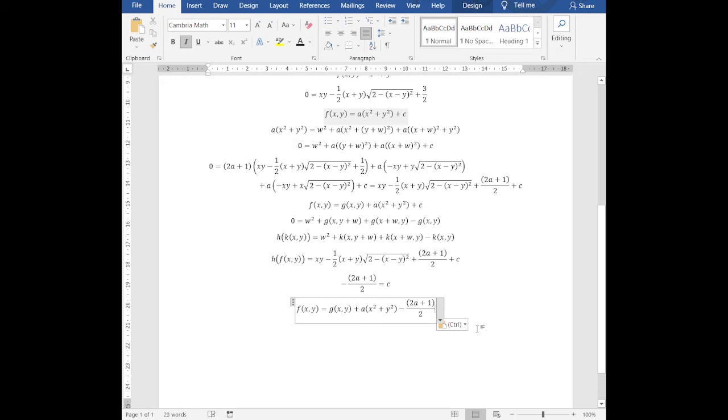So what did I hope this would get me? I hoped to be able to argue something about when a is equal to 0. Because we can rewrite this as this. And we can then set a equal to 0, which gives me the following.